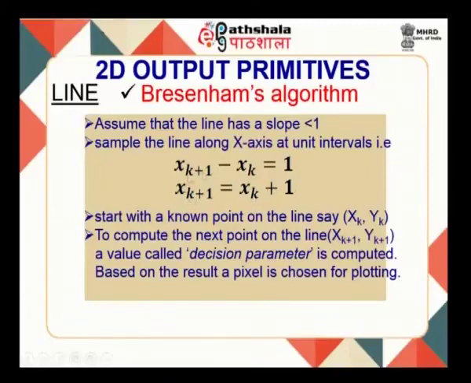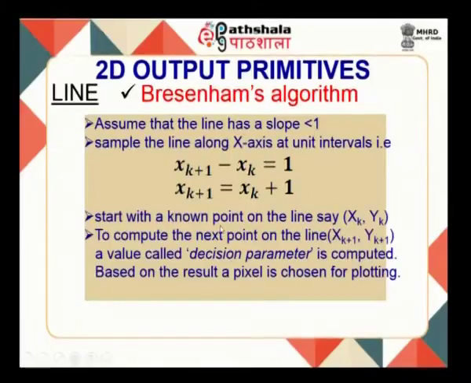To indicate the next x value, we use the notation x k plus 1, with k plus 1 in the suffix, which indicates that x k is the previous value and we are adding 1 to it. Whenever we use the word next, we use the notation k plus 1 in the suffix.